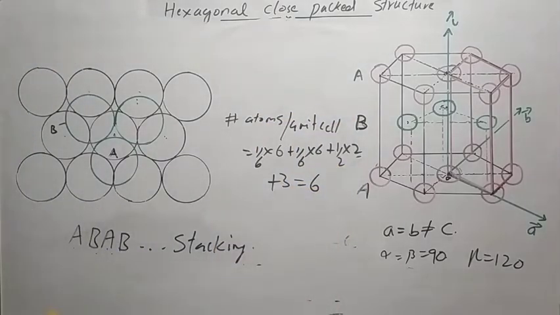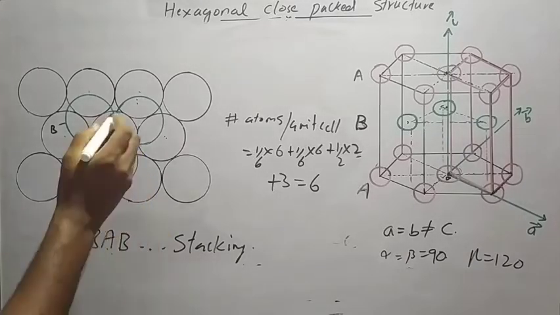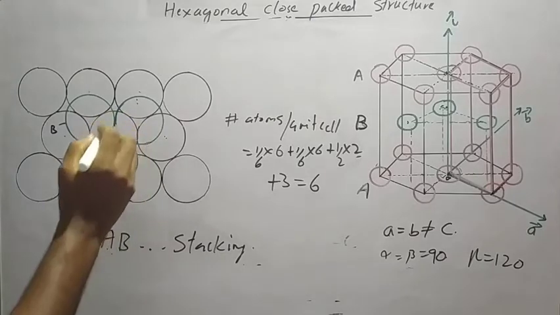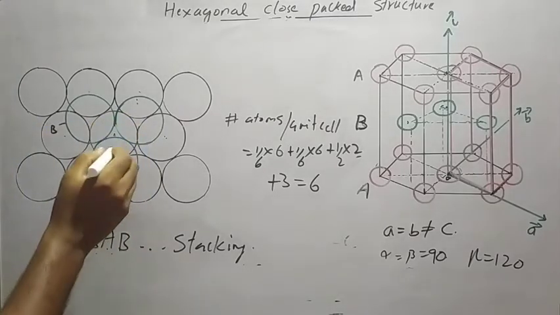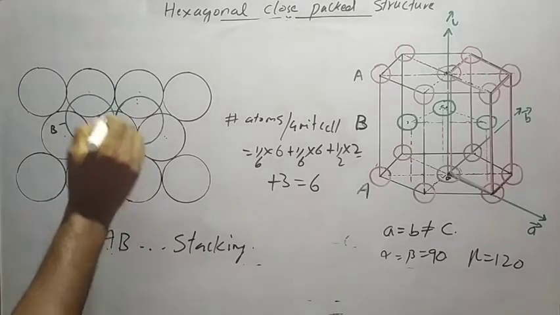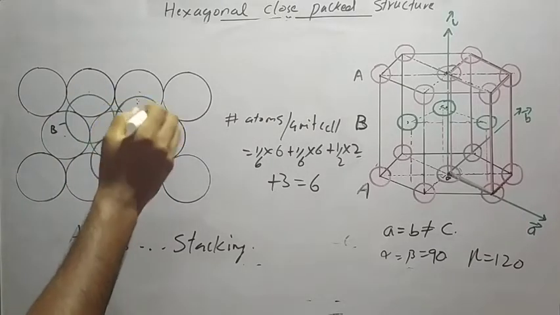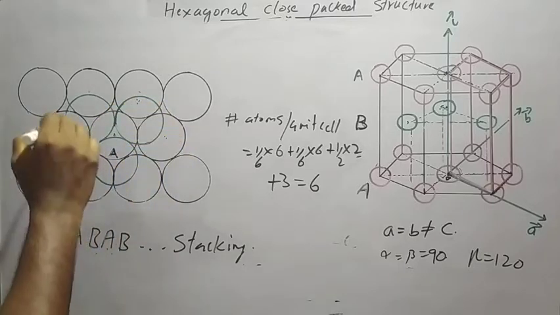Next, let us find out the coordination number, that is the number of nearest neighbors. For that, let's take one atom in this layer A as the reference atom. That reference atom is in contact with 6 other atoms in the same layer, 1, 2, 3, 4, 5, 6.